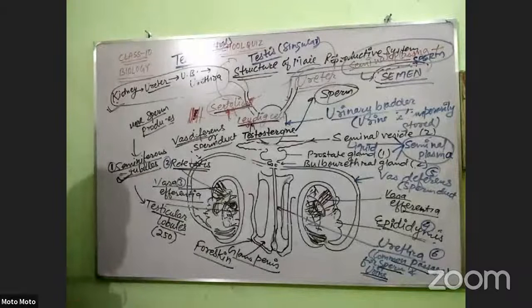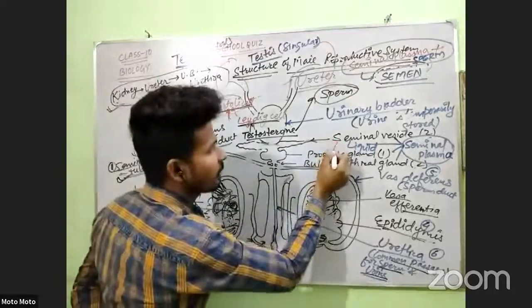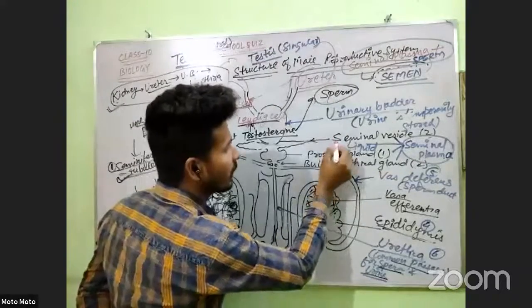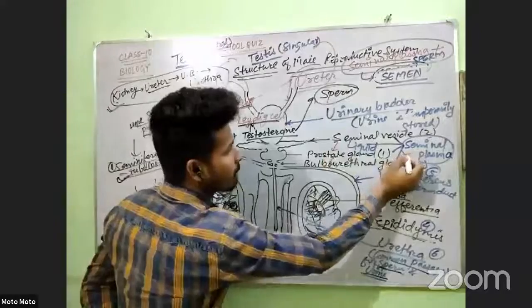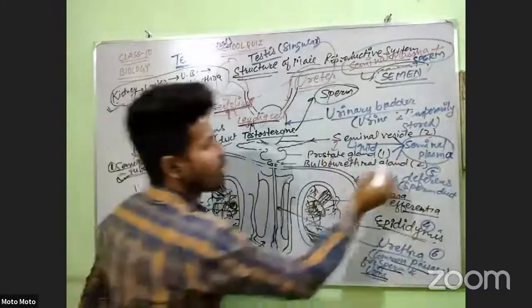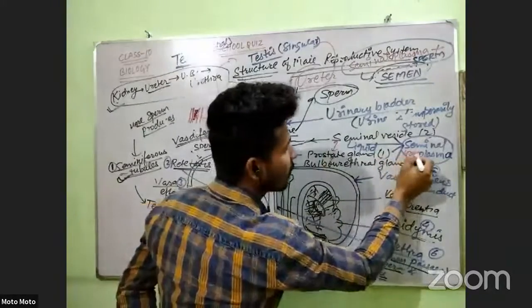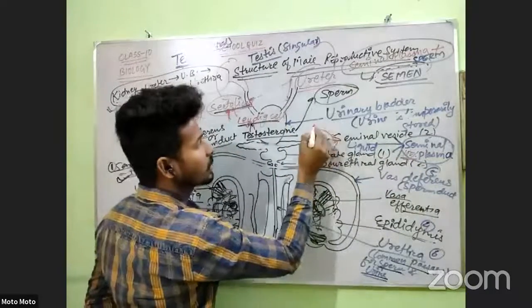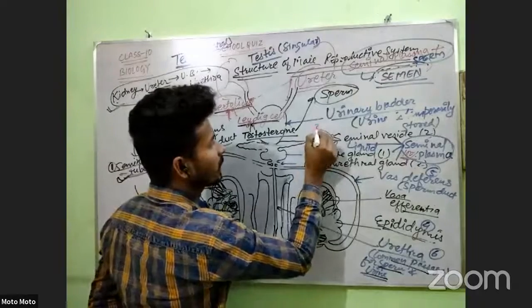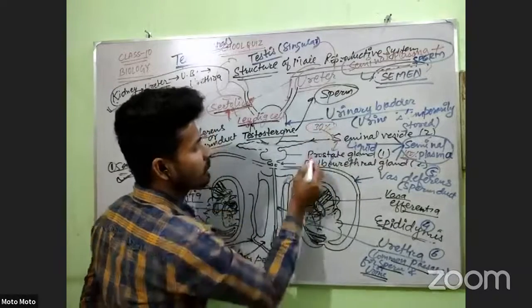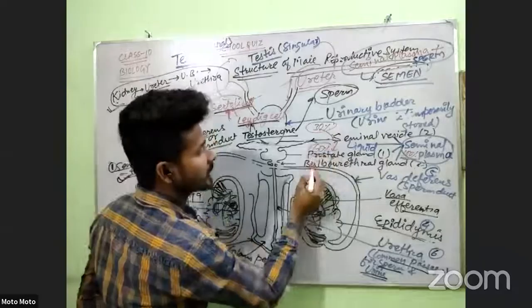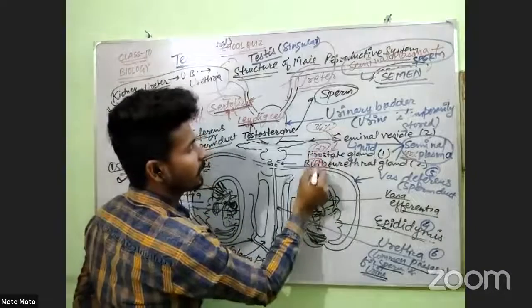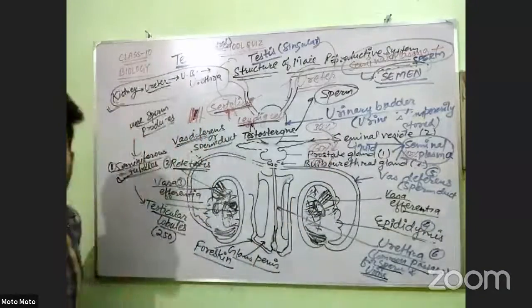So I will talk further about this: the seminal vesicle, prostate gland, and bulbourethral gland secrete the seminal plasma. Whatever the amount secreted, that will be 100%, and of this 100%, the seminal vesicle constitutes 30%, the prostate gland 60%, and the rest is secreted by the bulbourethral gland and other glands.